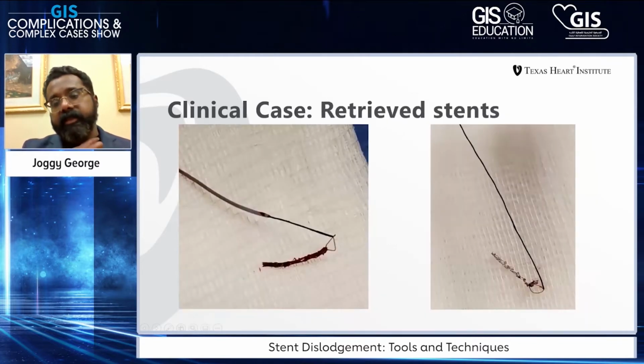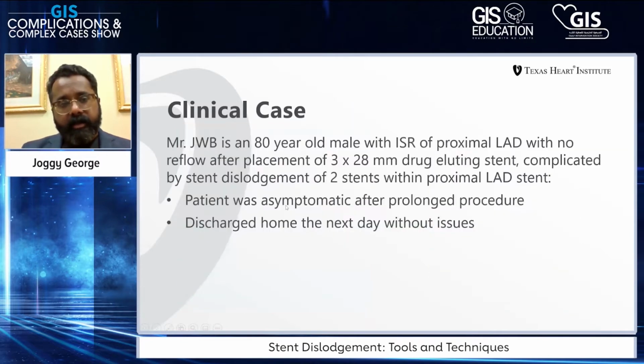And these are the retrieved stents in the side table. As far as the patient was concerned, he did well. He was asymptomatic. The procedure was quite prolonged, and he was discharged home the next day without issues.